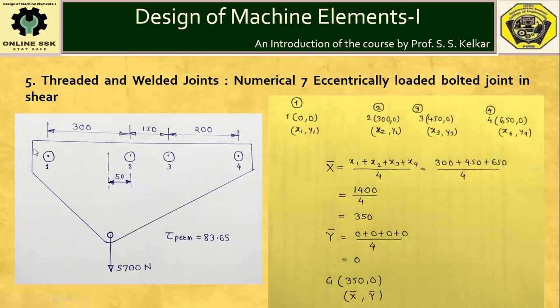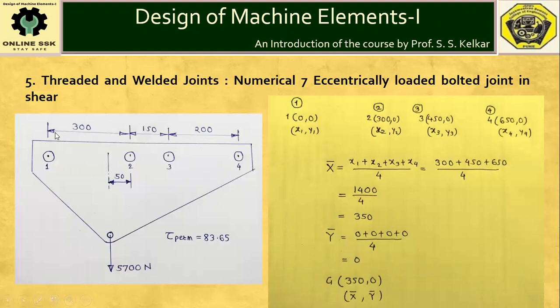In this case, all four bolts are at the same level, so there is no lower bolt, but the leftmost bolt, bolt number 1, and its center will be considered as the origin.